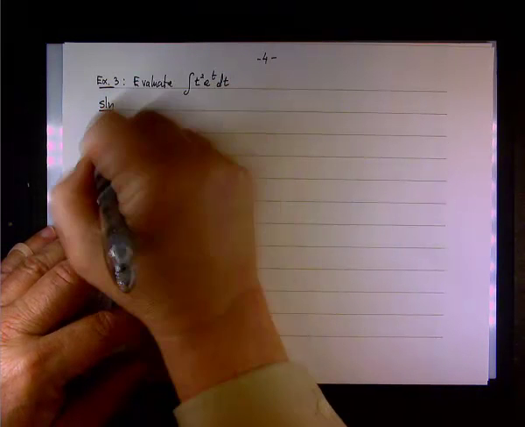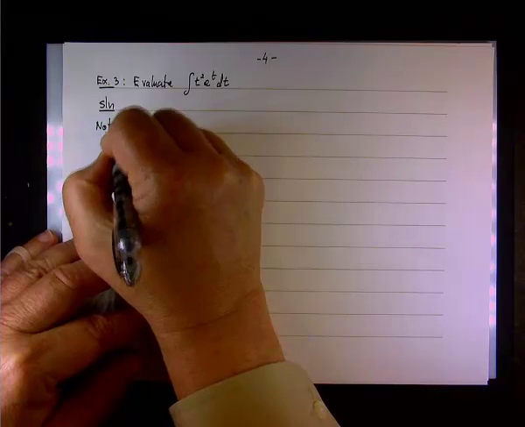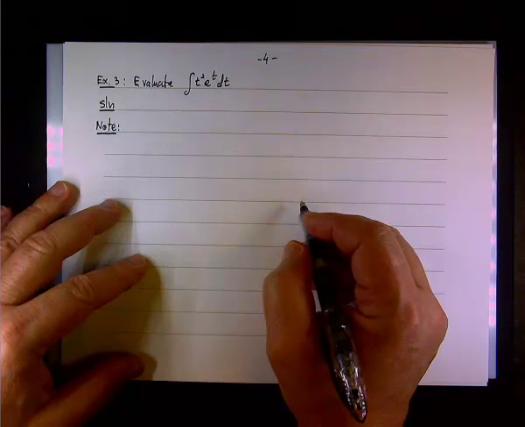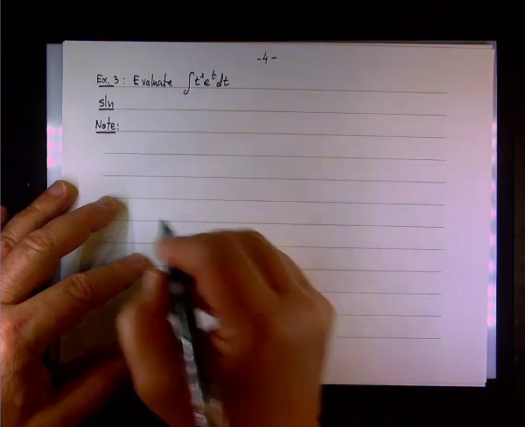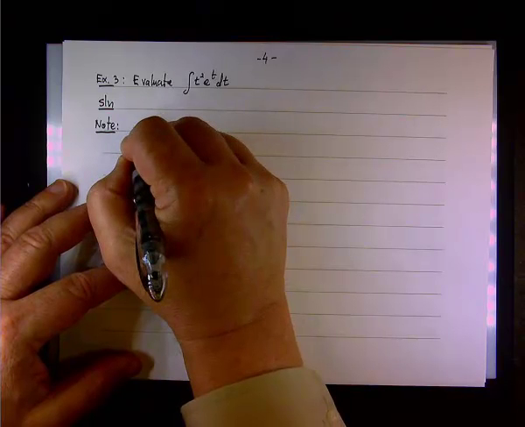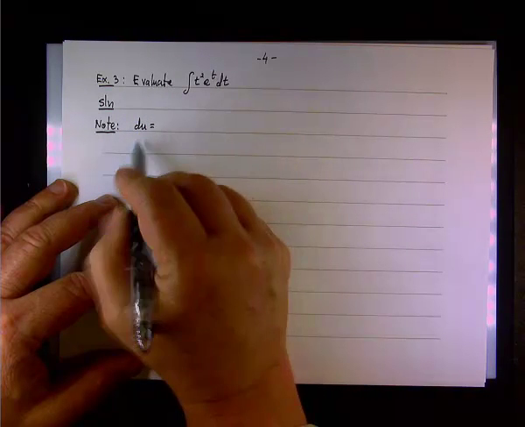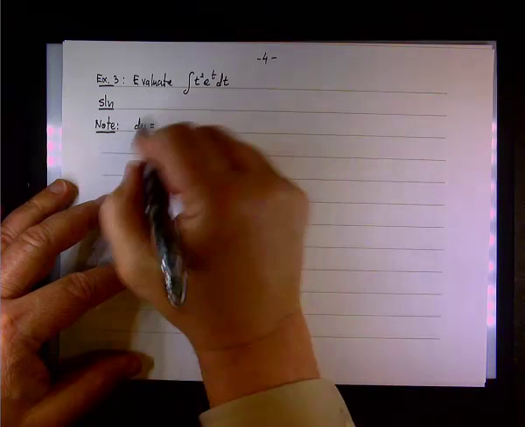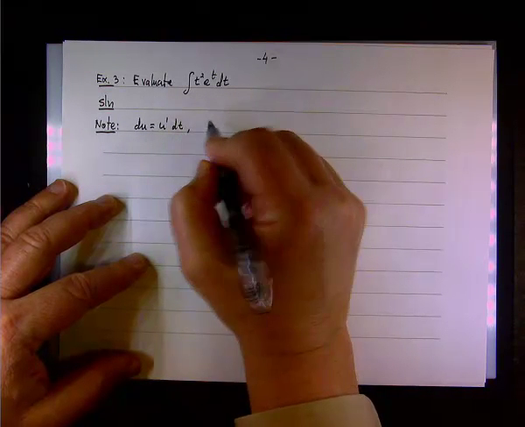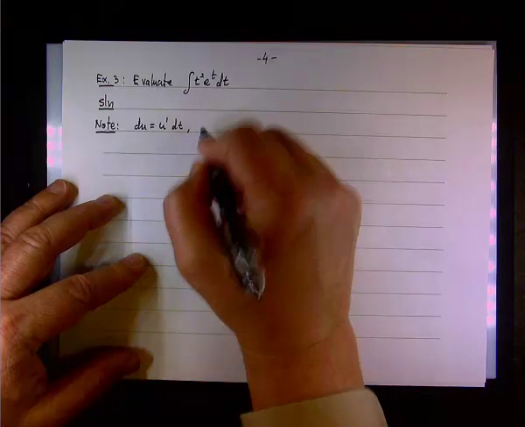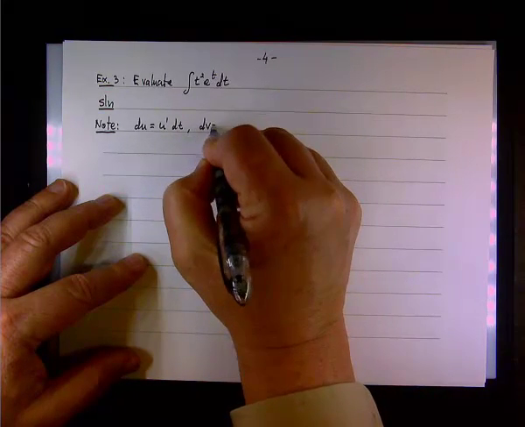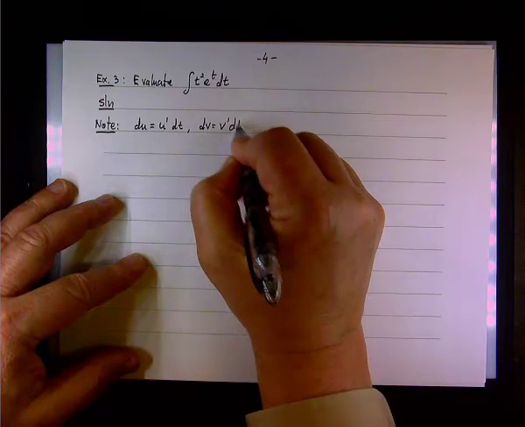Before I move on, I just want to remind you how we work with differentials. For instance, if you have u as a function of t, then du dt will be u prime, right? So du is u prime dt, and if v is a function of t, then dv dt equals v prime, and then dv is v prime dt.